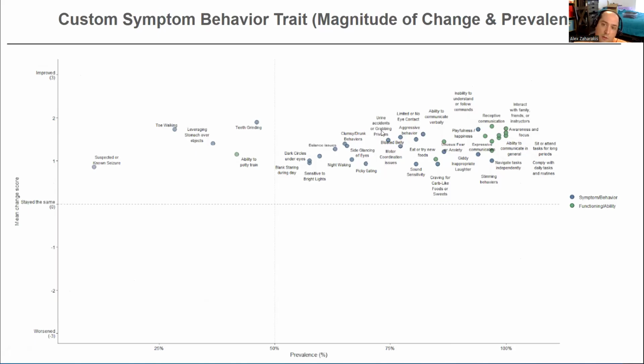And as I get towards the bottom left, I would have less prevalence and also potentially worsening. So we basically see that the mean values for these things are all positive. And we can assess the prevalence. Suspected or known seizure, as you would imagine, not everyone's going to be having that issue. I think that this is a really interesting graph.